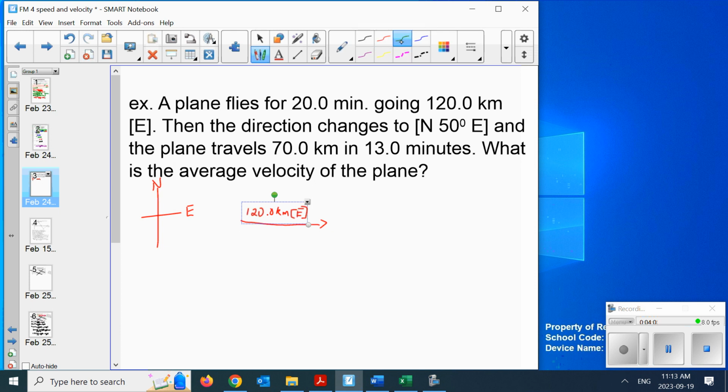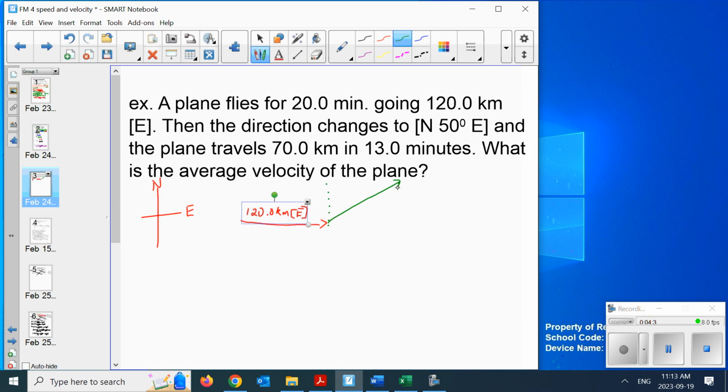We understand that north 50 degrees east means, I hope, that this is straight north, and I'm going 50 degrees towards the east, so a little over 45. I'm not getting out a protractor. This is a rough sketch, right?